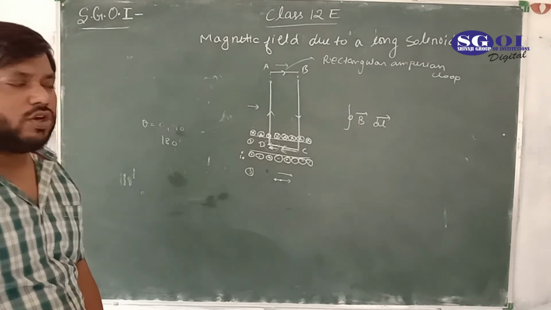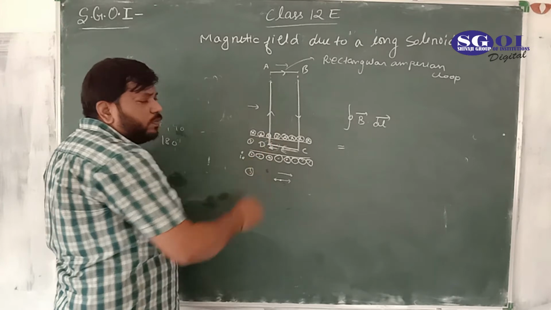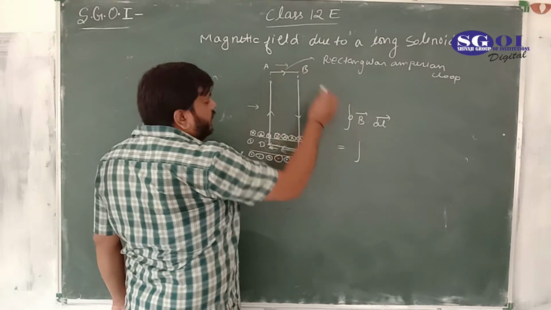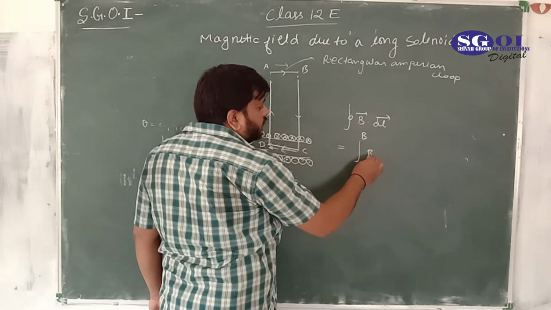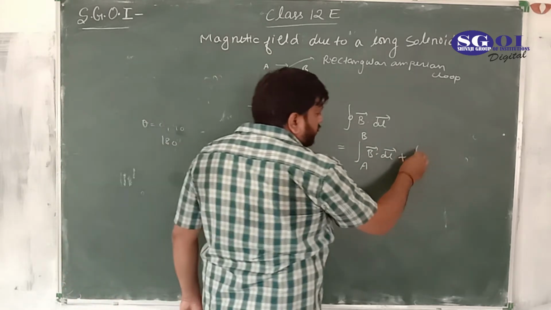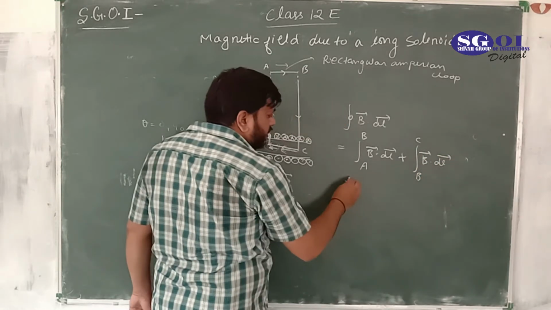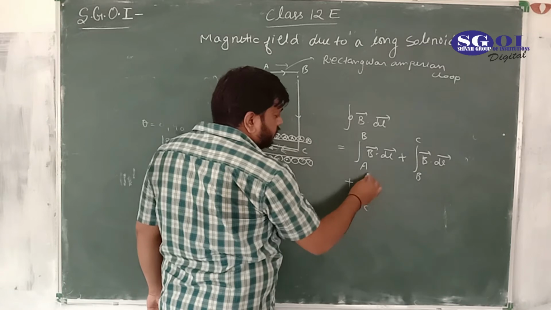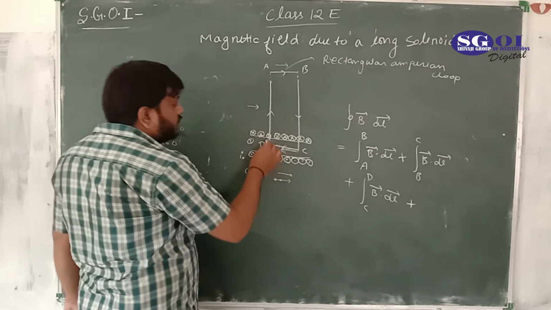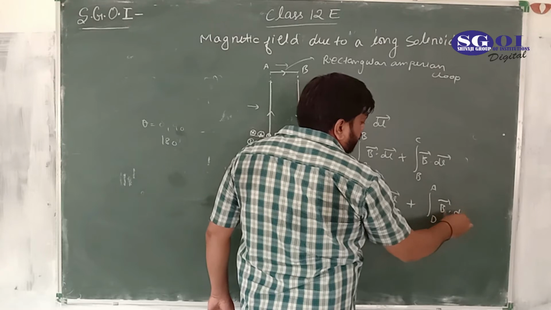And let's start finding the closed integration B dot dl. The closed loop integration of B dot dl is solved by taking the line elements: A to B, B dot dl, plus B to C, B dot dl, plus C to D, B dot dl, plus D to A, B dot dl.